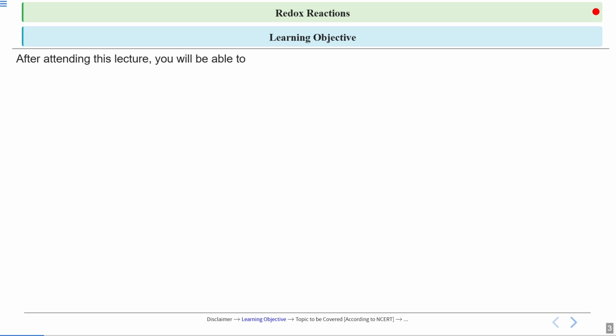So after attending this lecture, you will be able to learn how to balance redox reaction using the oxidation number method. That means that you will be provided with a number of redox reactions and you have to balance them. You have to balance each and every atom that is participating in the reaction using the oxidation number method.